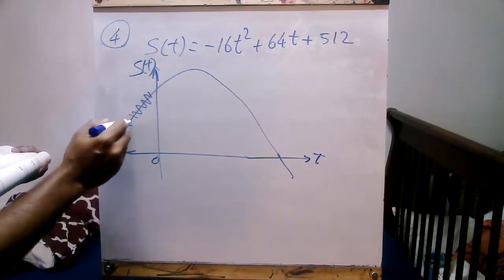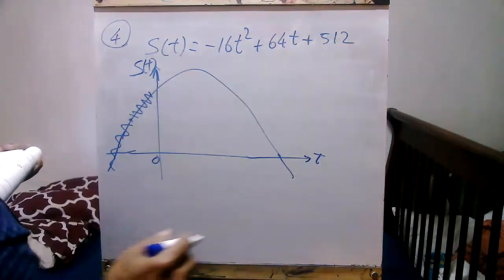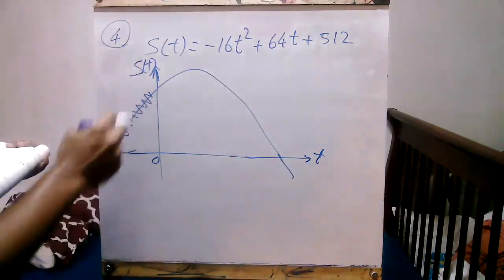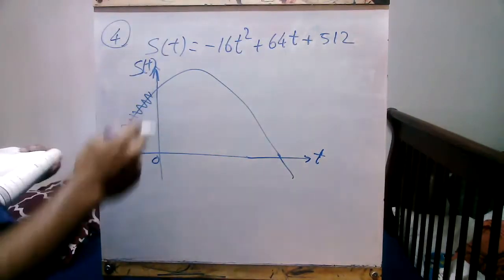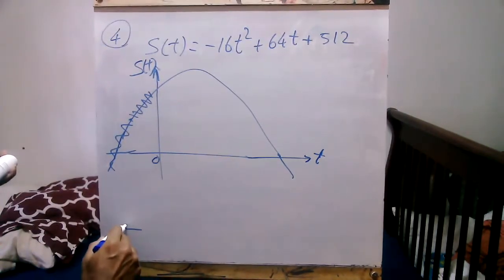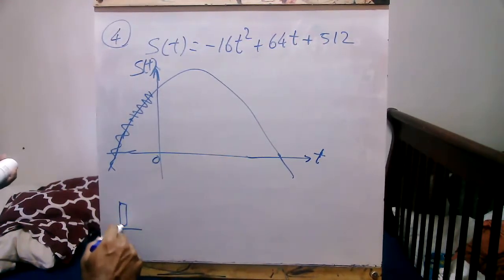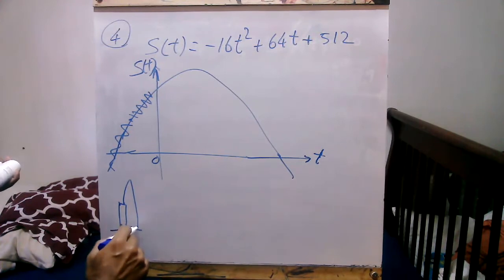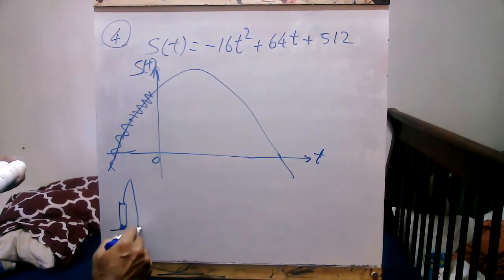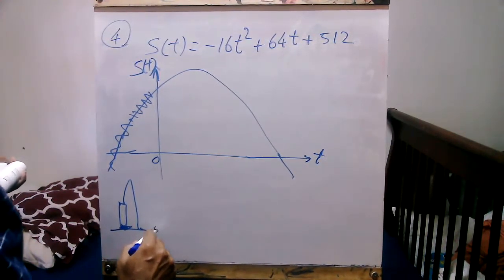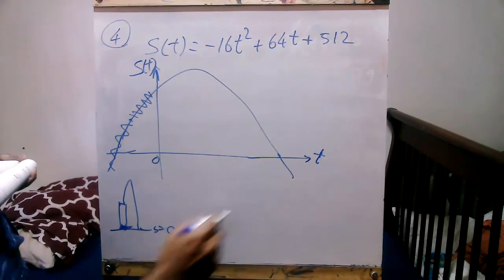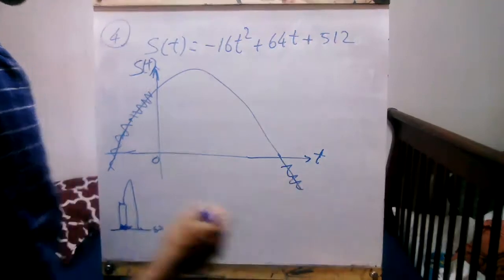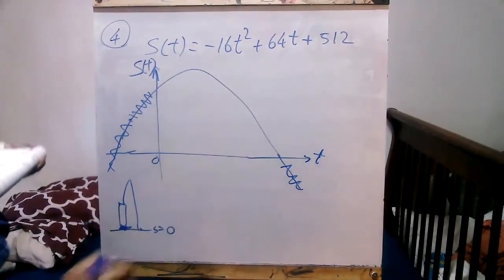We don't need all this part, and its s should be positive, because the ball goes up, comes down at this place, and here s equals 0. It cannot be negative, therefore take off this part too. Therefore your graph should be this only.